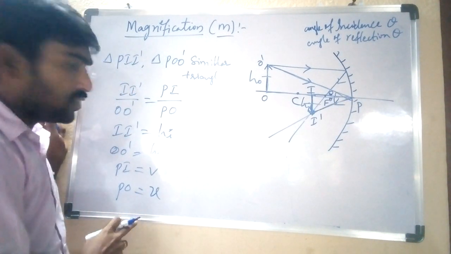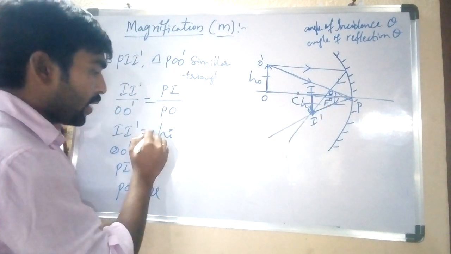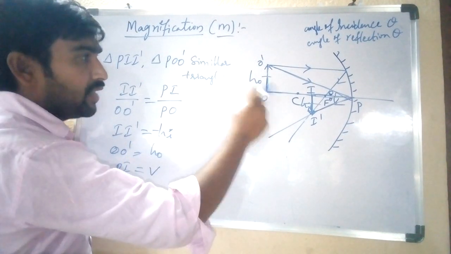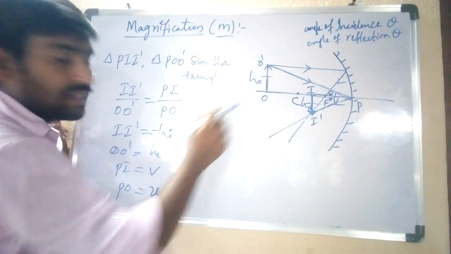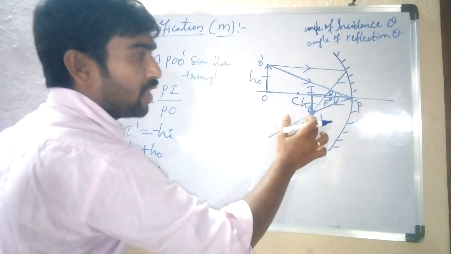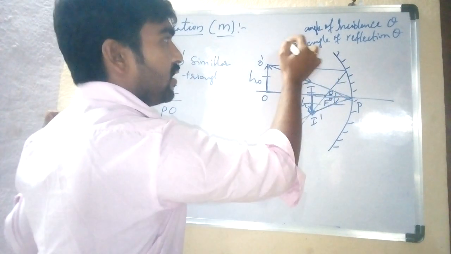Now apply the sign convention rules. HI is along the principal axis downside, that's why minus. HO is along the principal axis upside, that's why it is positive. Then we are measuring from the pole onwards, but the incident ray is in this direction and we are measuring in this direction, that's why negative.